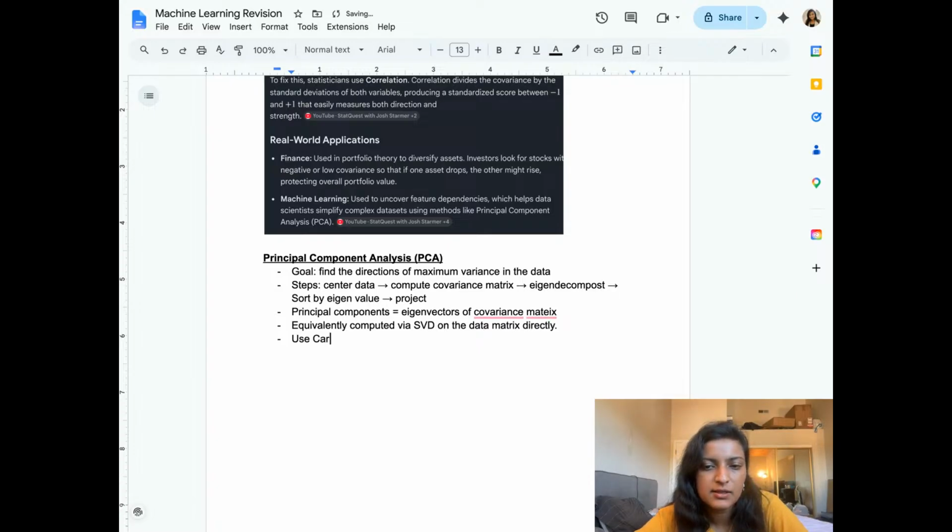Use cases are dimensionality reduction, visualization, noise removal, and avoiding multicollinearity.